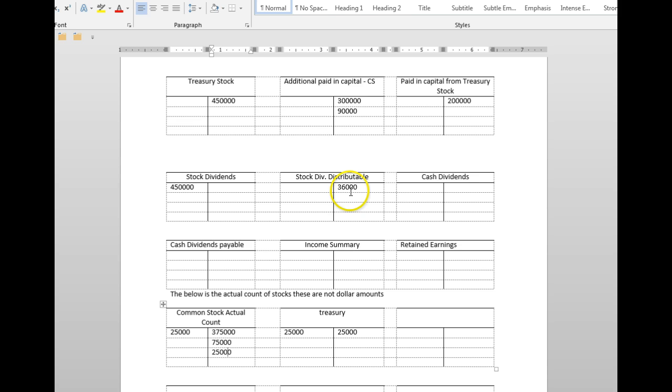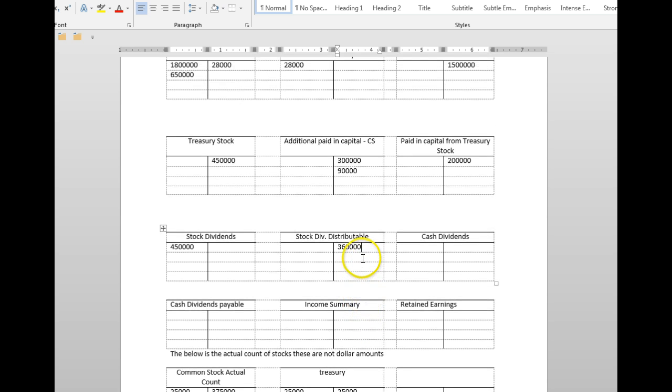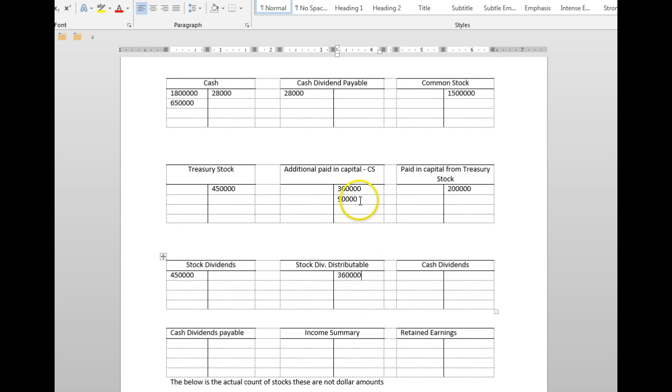The first thing we did was the 450,000 to declare. We've got it there. This is what's going to be distributed, 360,000, needs another zero, doesn't it? And now we need to do the additional paid-in capital, which is right there. So that's a balanced entry.